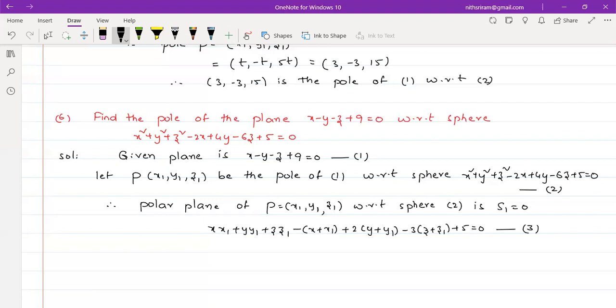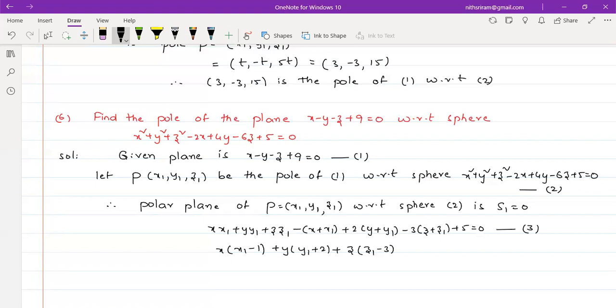This equation represents a plane. If we modify this equation, taking x common, we get x1 minus 1. If we take y common, we get y1 plus 2. And if we take z common, we get z1 minus 3. So this is the x term, this is the y term, and this is the z term.